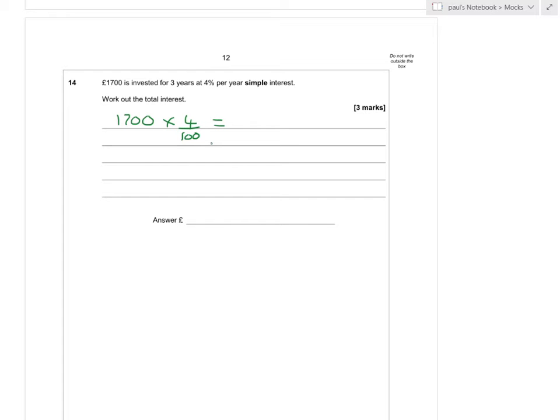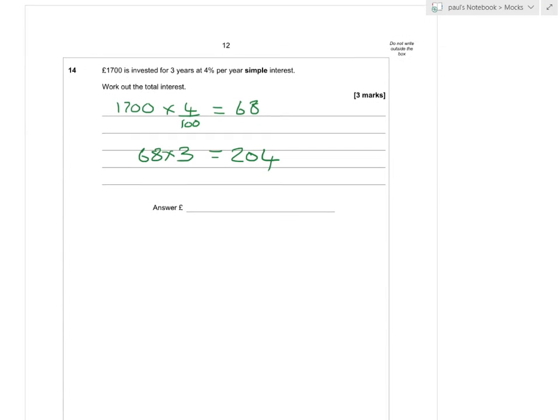So £1,700 times 4 divided by 100 is 68. So that's how much we're going to get a year. So 68 times 3 is 204. Oh, we don't have to work the total, just the interest.